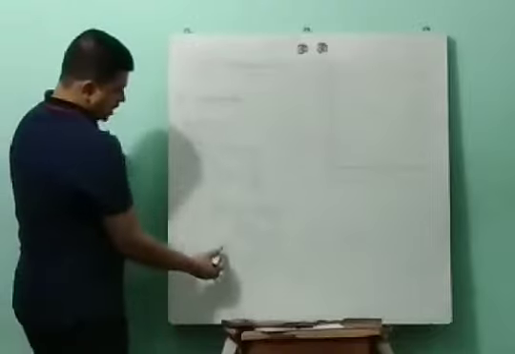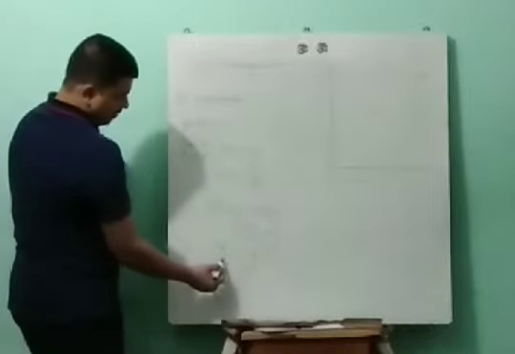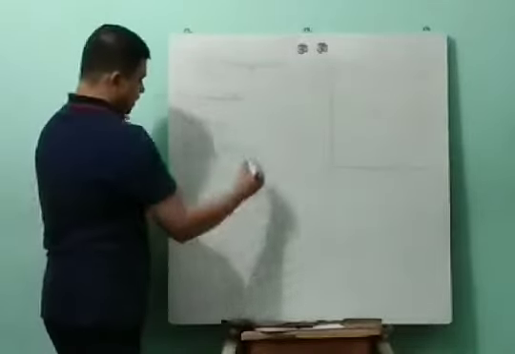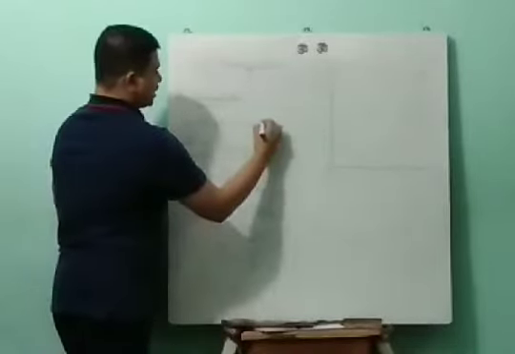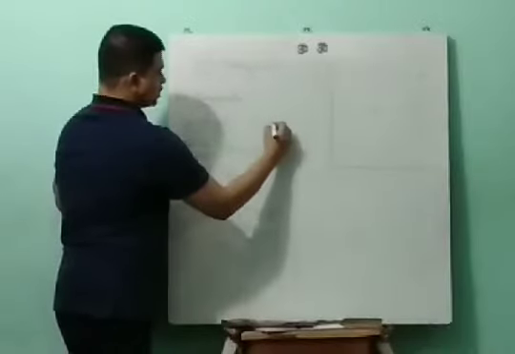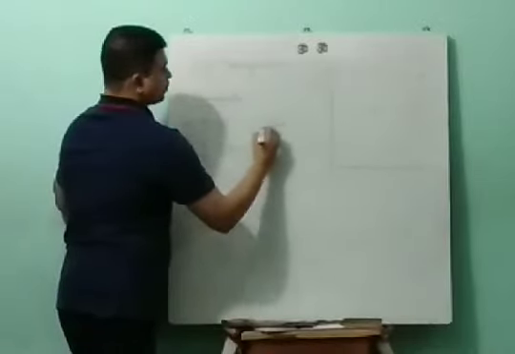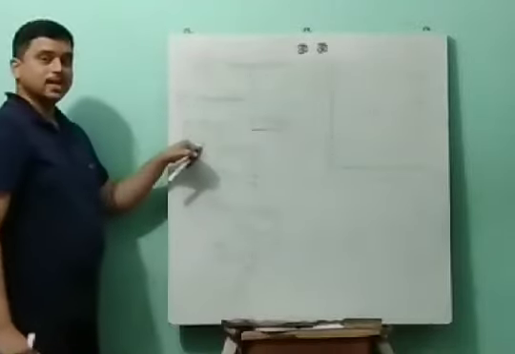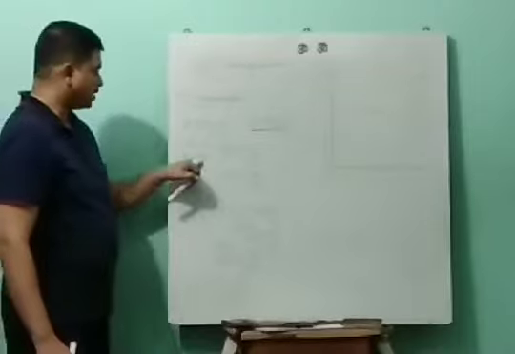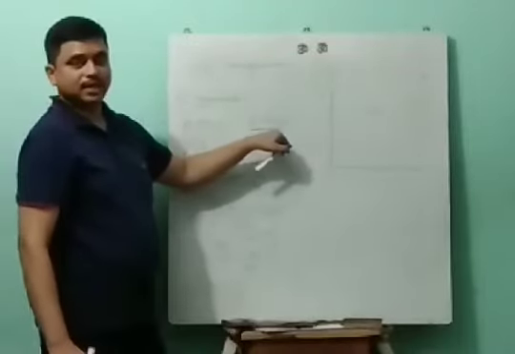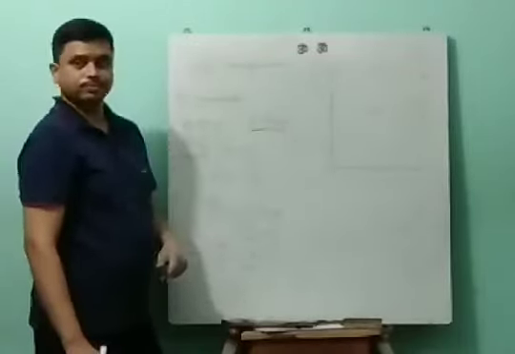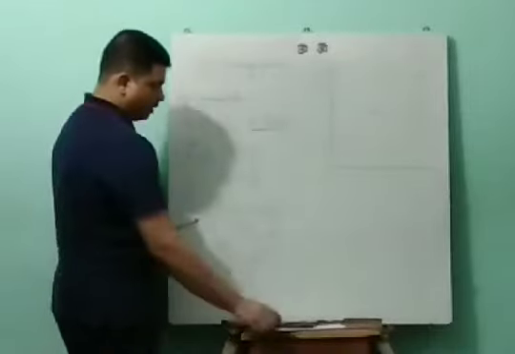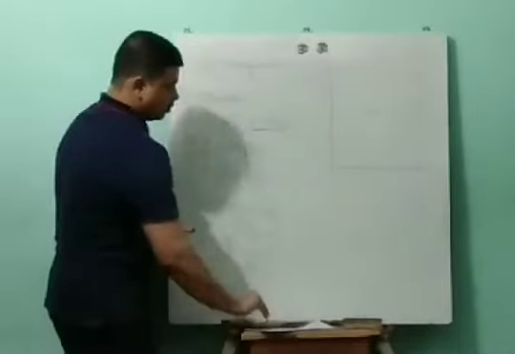So here x dash corresponds to the value 7, y dash corresponds to the value 6. So you can finally write the translated point P dash as 7, 6. So this is the translated point. After translating 4 in x direction, 2 in y direction, the final point we are going to get as 7, 6. Right?